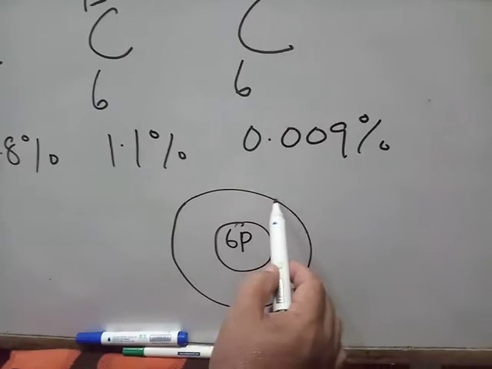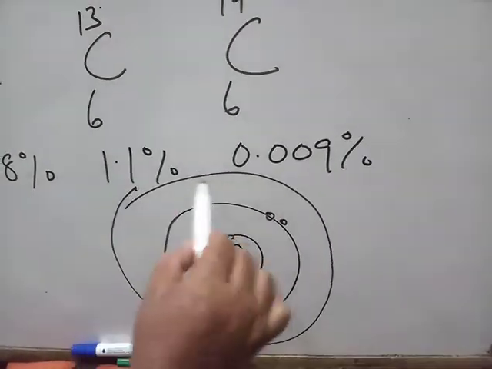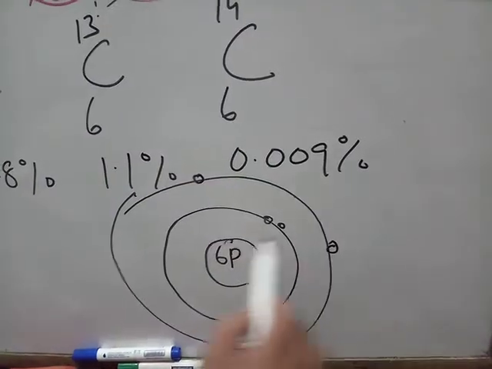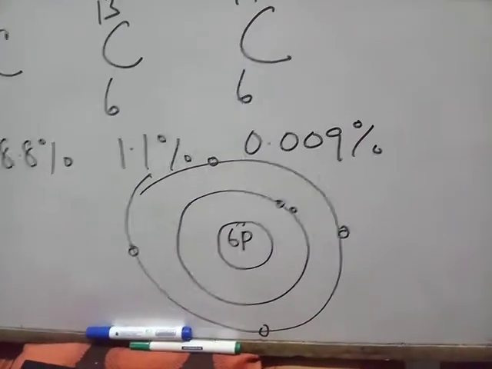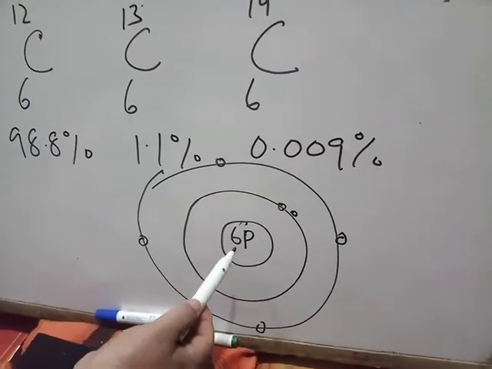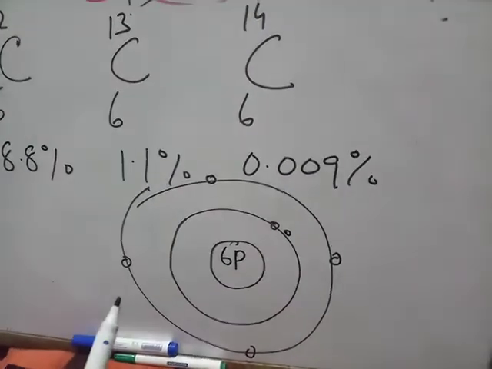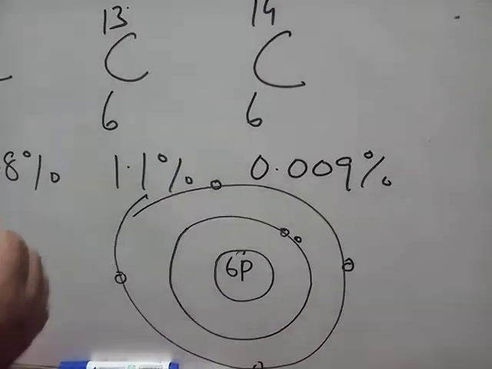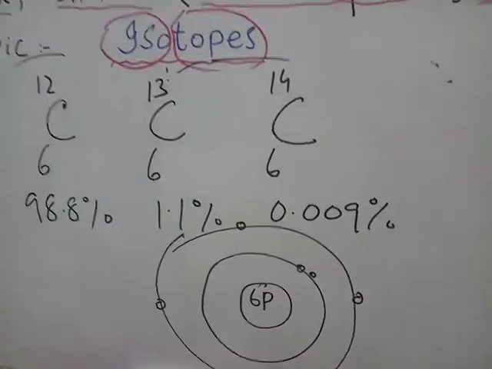First shell can accommodate 2 electrons, while the second shell can accommodate 4 electrons. Okay, so this is the first isotope, and if you want to write the number of neutrons, always remember that the number of neutrons can be determined by subtracting the atomic number from the mass number.